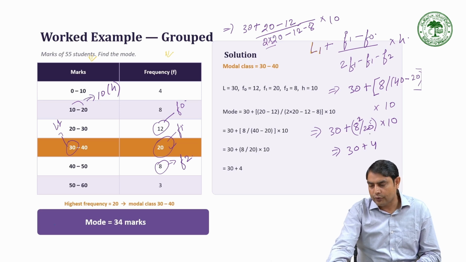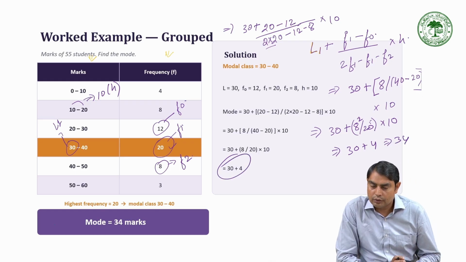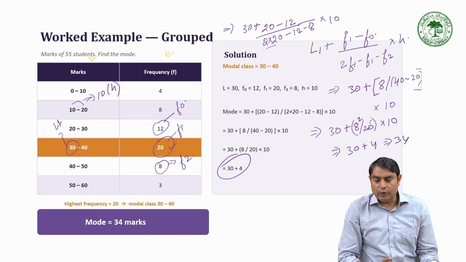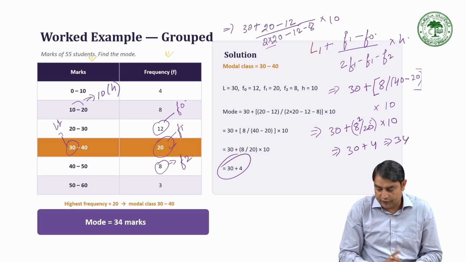So this will give you 4, and the answer is 34, which is your modal value, which is your mode, right? So what is the mode of this exam? The mode is 34.